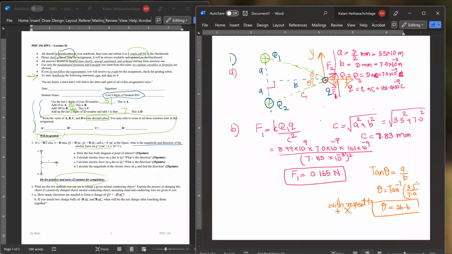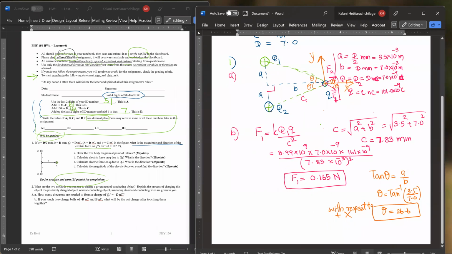Now part B. Now you're going to continue by keeping the space, and your next part C should be on the bottom, not on the right side. Then you're going to do part C and then find the resultant at part D, right?